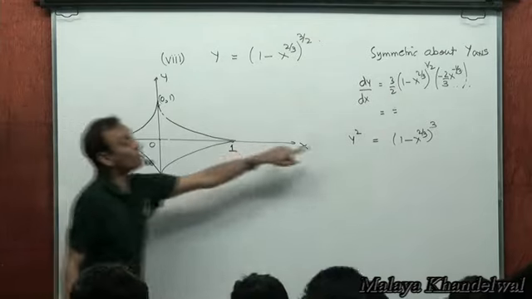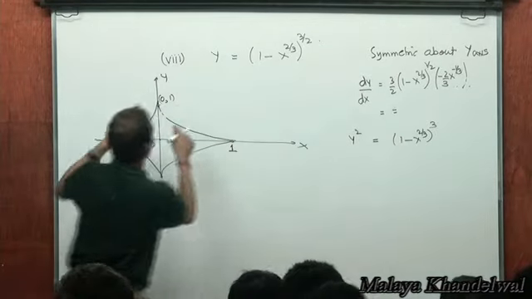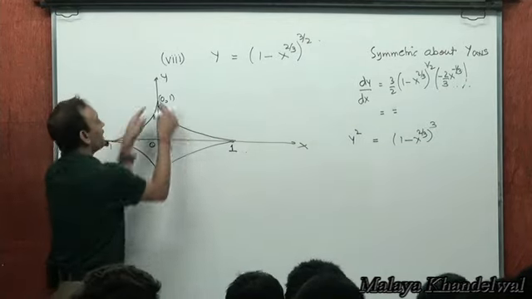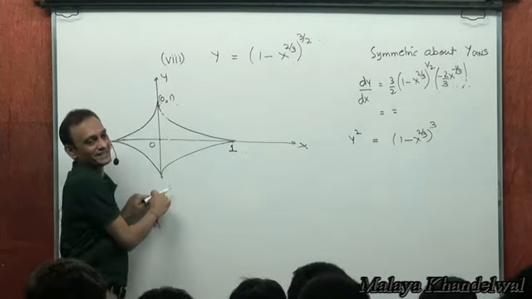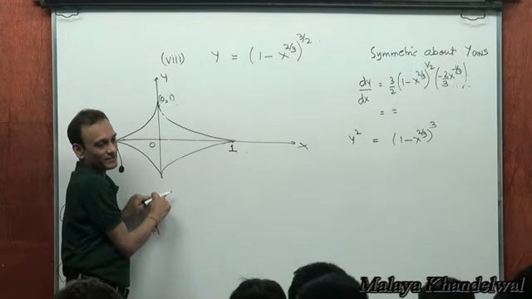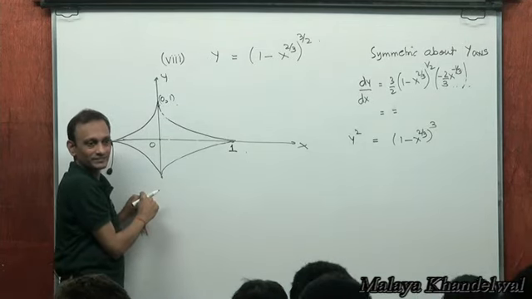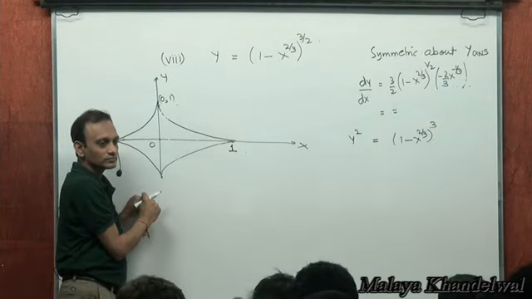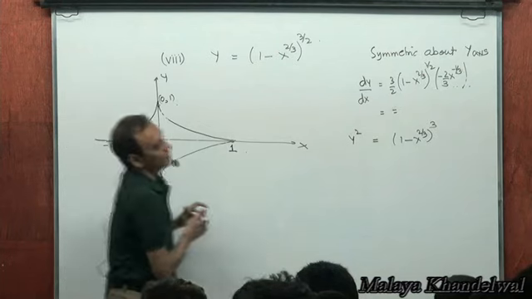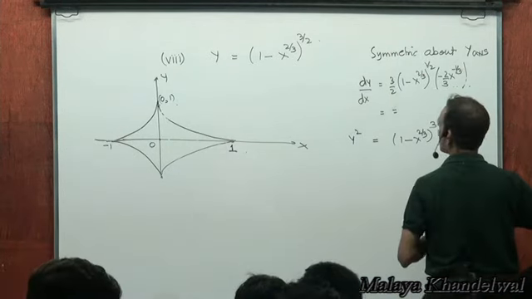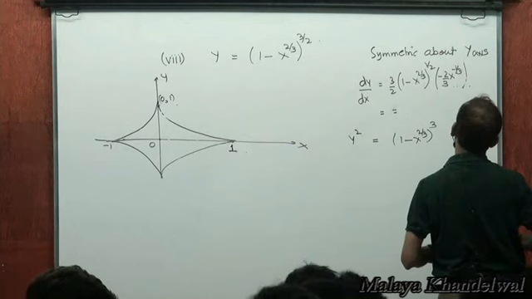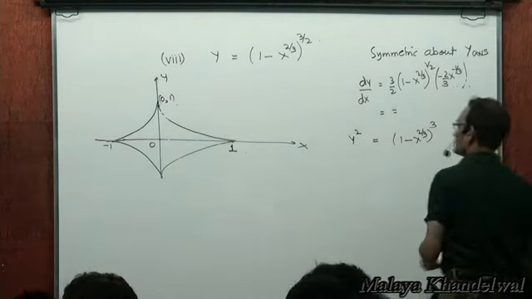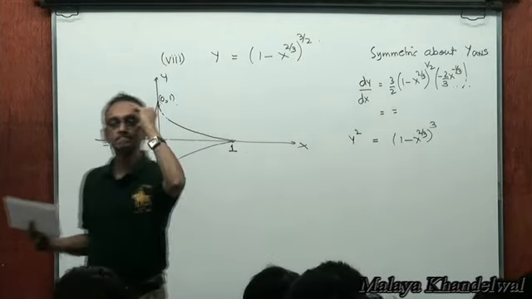It would also be symmetric about the x-axis because there are even powers of y, and in addition to these two, this will also get added. Got me now? So far so good, right?